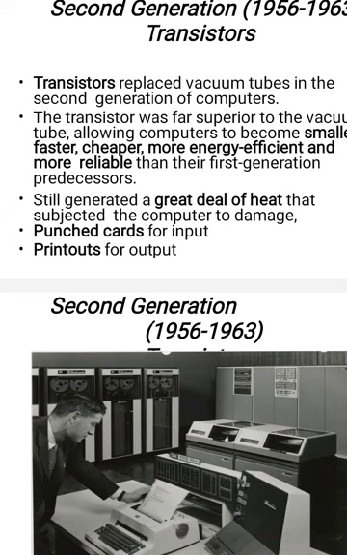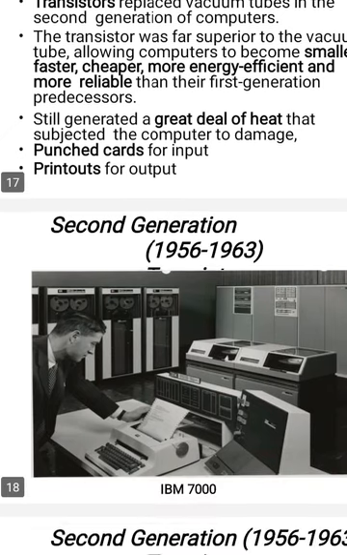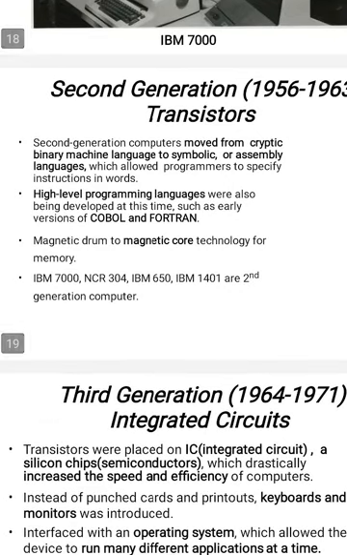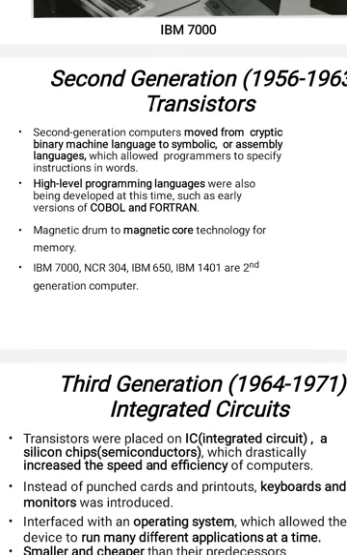Again they used punch cards for inputs and printouts for output. And they moved from binary or machine level language to assembly language. I told you machine level language means zeros and ones, so that is also called binary machine language. Next, it was converted to assembly languages, which allowed programmers to specify instructions in words.